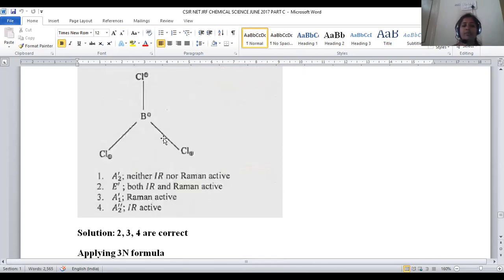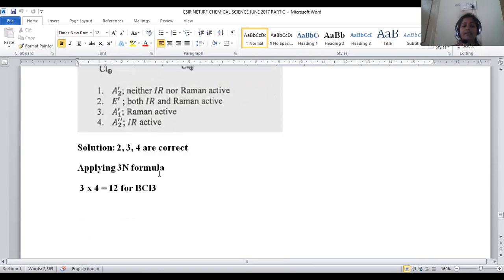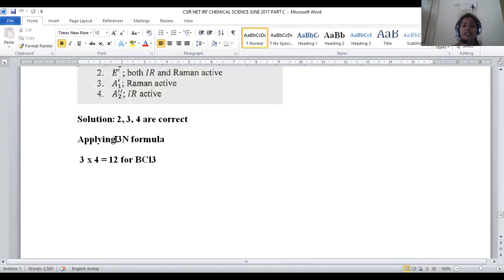Whenever the BCl3 molecule is considered, this is about the possible arrangement. Now, applying the 3N formula, why are we taking the integer 3? Because 3 kinds of motion are possible: one is rotational, the second is vibrational, and the third is translational. Here N stands for the number of atoms present.